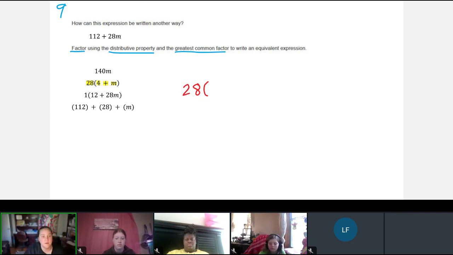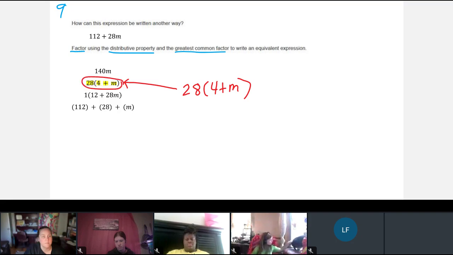So that's what's going to go first. Plus, if I factor out 28 from 28, I'm just left with what? Yeah, I'm just left with m. And I close the parentheses. That's where that answer came from. So remember, when it says factor out, you're dividing by the greatest common factor.